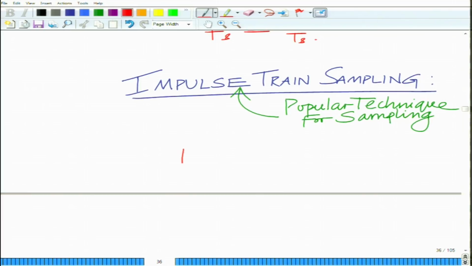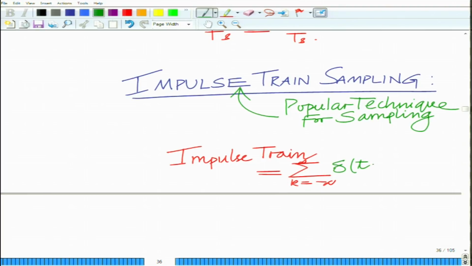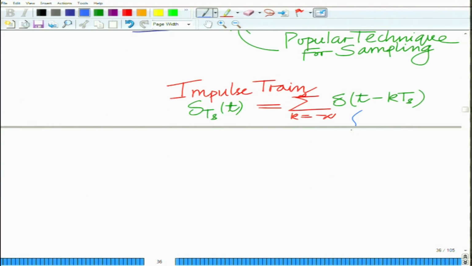Now, the impulse train you can write as summation k equals minus infinity to infinity delta of t minus k Ts, that is impulses of unit scaling at each multiple of Ts.